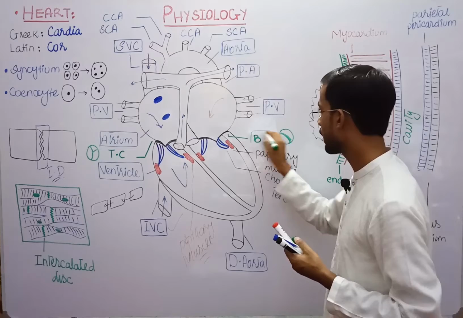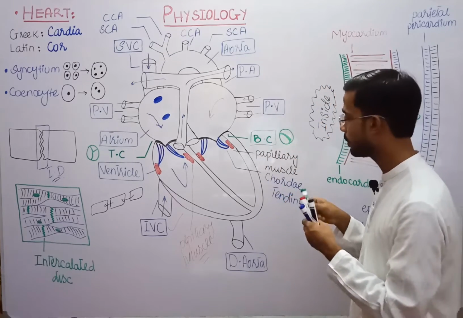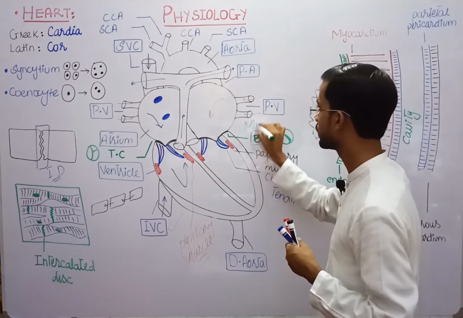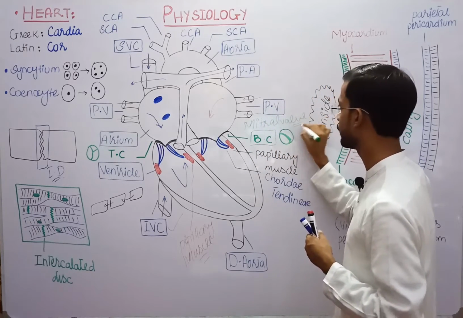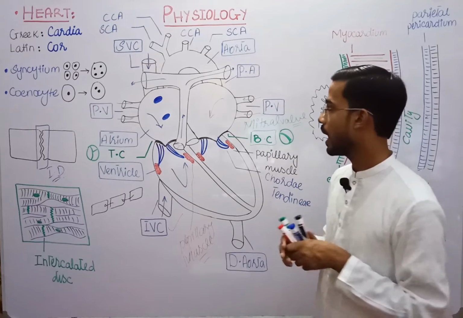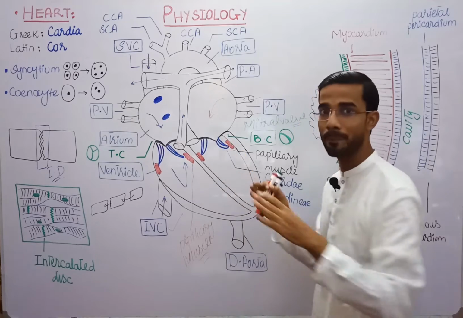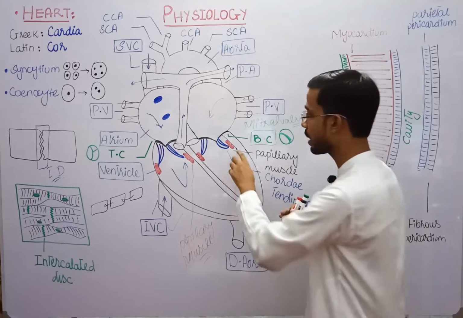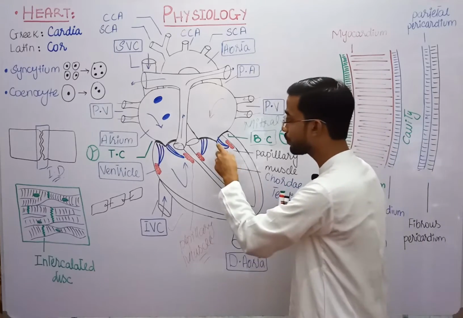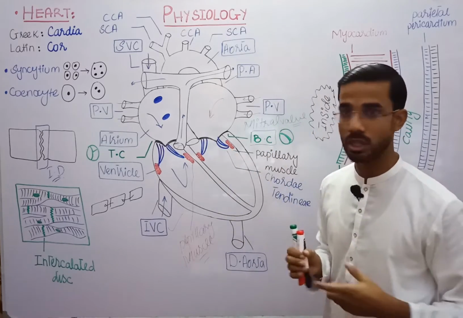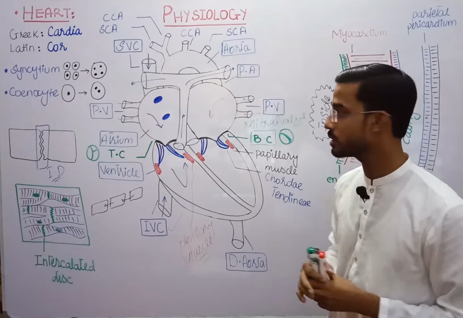And here there is another valve which is called the bicuspid valve, right? It is called bicuspid because it has 2 flaps, or it is also called the mitral valve, right? And here again there are the papillary muscles present in the ventricle, and cord-like structures attach the valve to the papillary muscles.